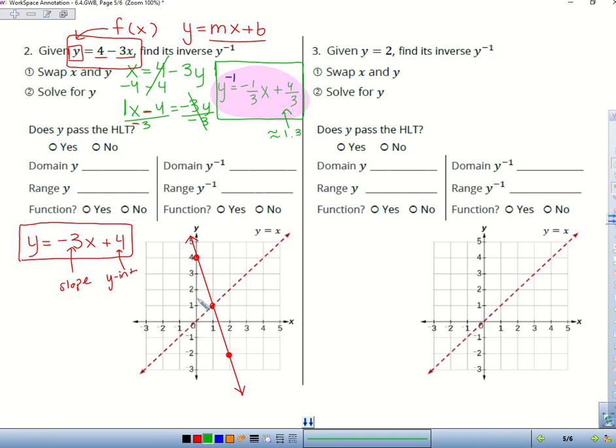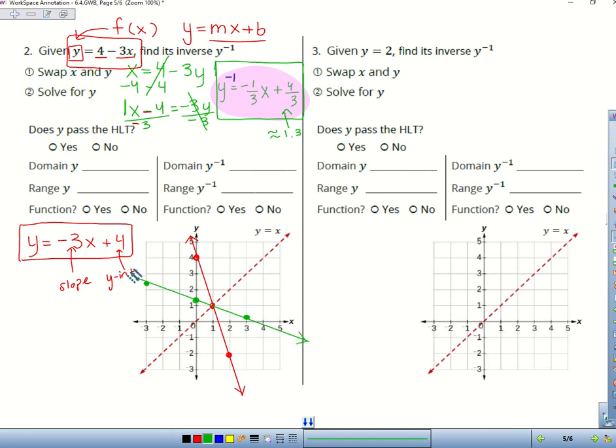So we're going to start on the y-axis at about 1.3. Then we go down 1 unit and over 1, 2, 3 units. And then I can find another point by going up 1 and over 1, 2, 3 in the other direction. So that's my inverse equation.